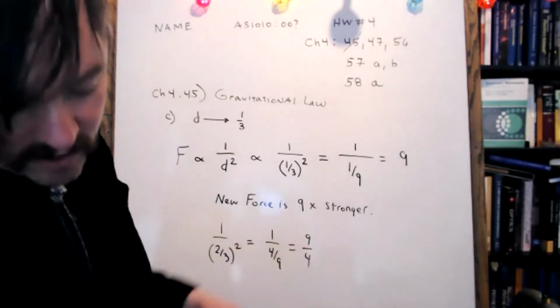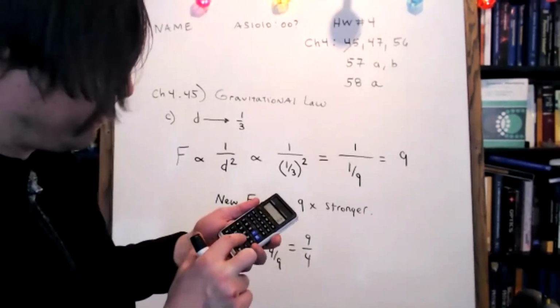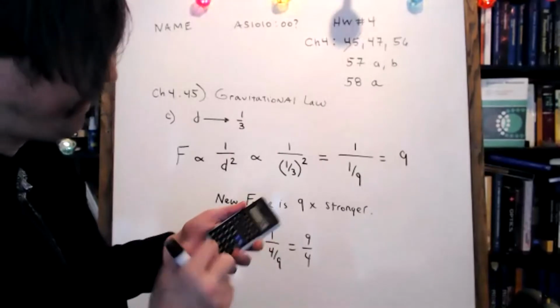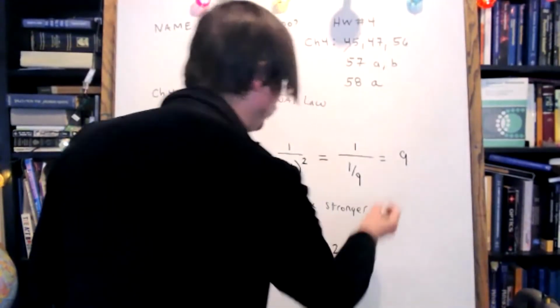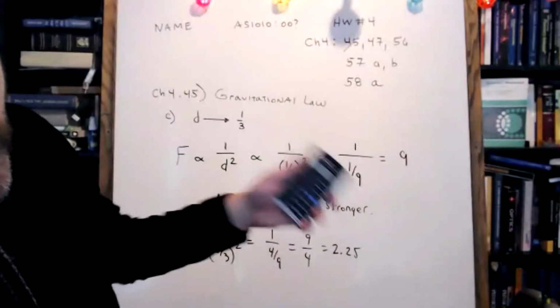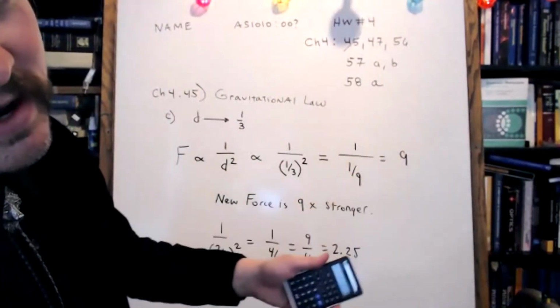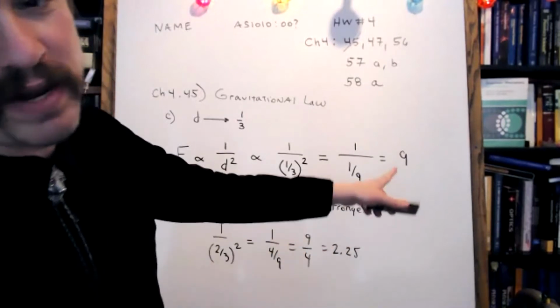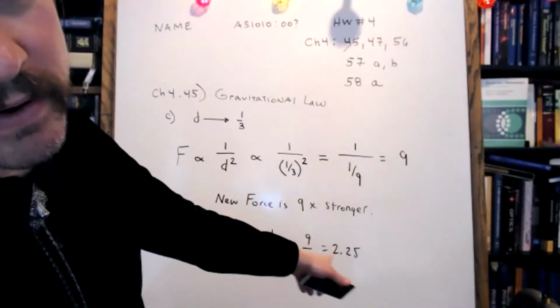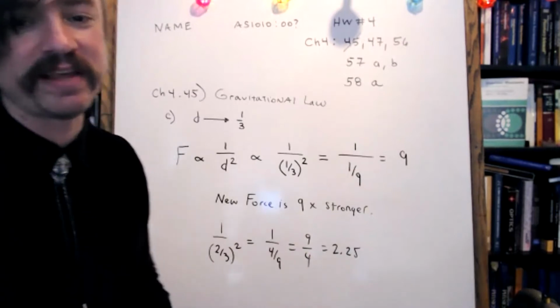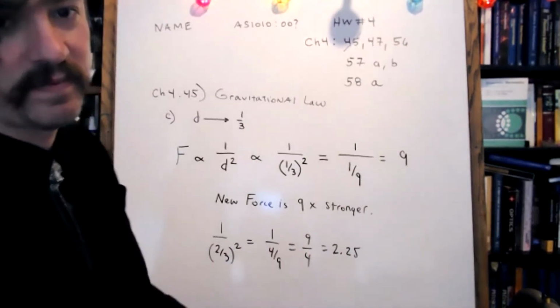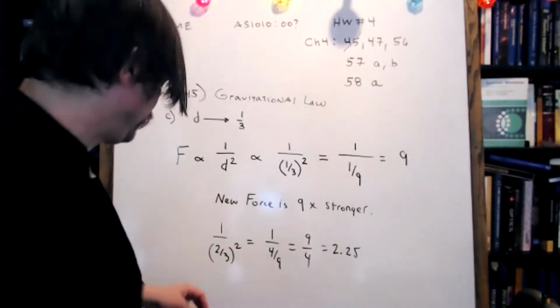It would be stronger, but that would not be a whole number because 9/4 is 2.25. So I agree that if the number is bigger than 1, the force is stronger, and if it's less than 1, it's weaker. But I do not agree that it needs to be a whole number because according to the rules of math, 2.25 is not a whole number. Does that make sense? Yeah. Okay. Thank you.